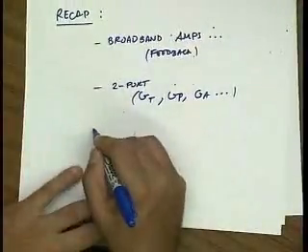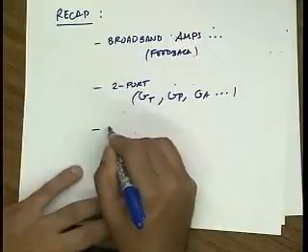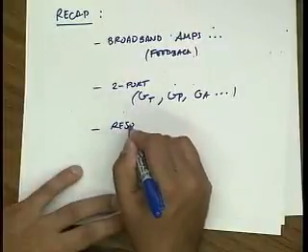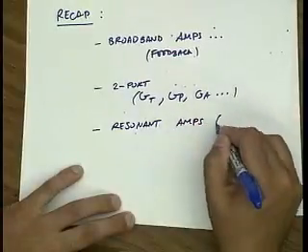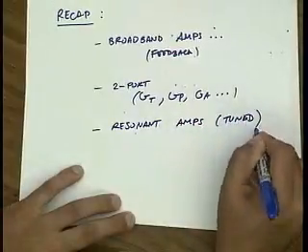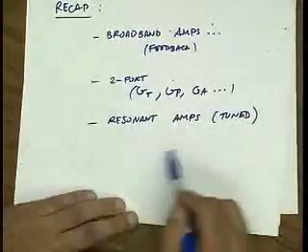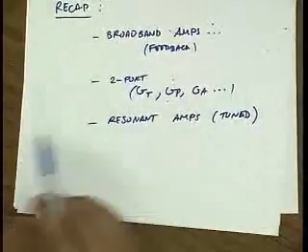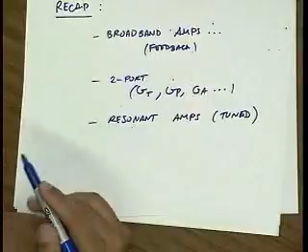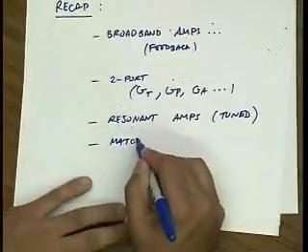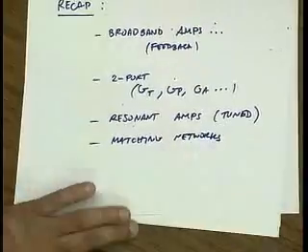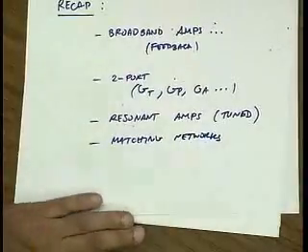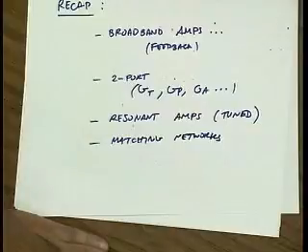And then that really led us to two different concepts. One was resonant circuits. Resonant amps are actually usually called tuned amplifiers, where we used resonant elements to tune out the capacitances in the circuit, and also matching networks, which let us transform the source and load impedance to a more optimal value to try to maximize the power gain.